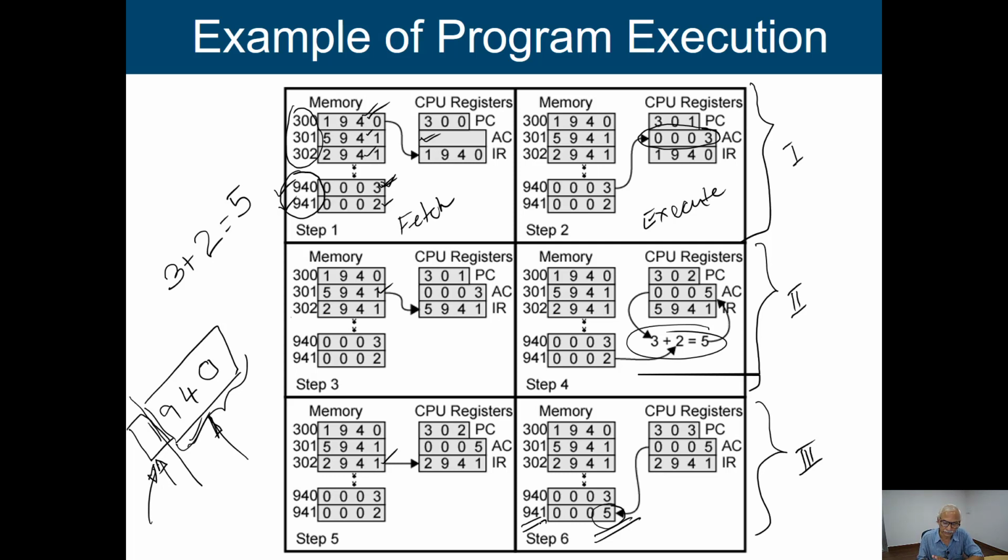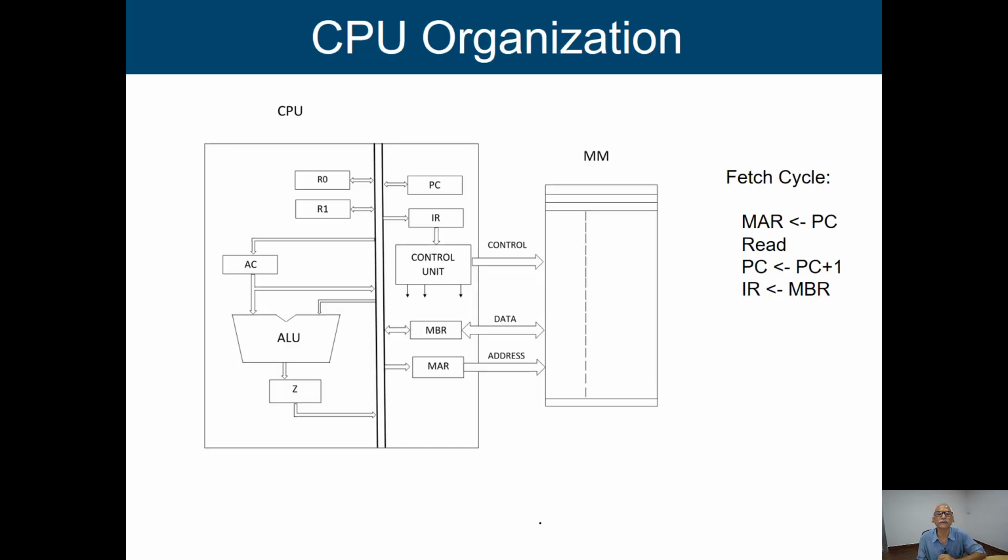Now just to explain it, we have to slightly know about the internal structure of our computer. In this particular case, you just see this is the processor, CPU, and main memory is connected to the processor through this particular system bus, which has address, data, and control.